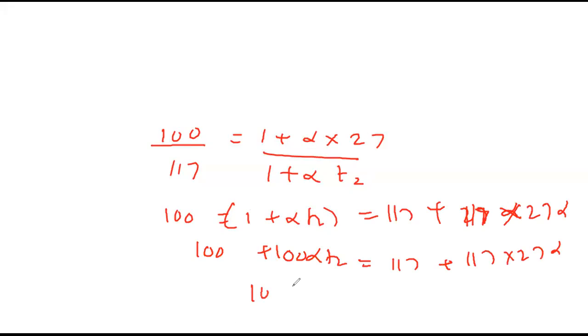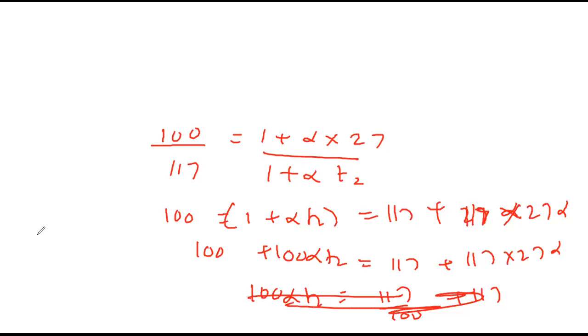So 100 alpha T2 is 117 minus 100 plus 117 alpha into 27.